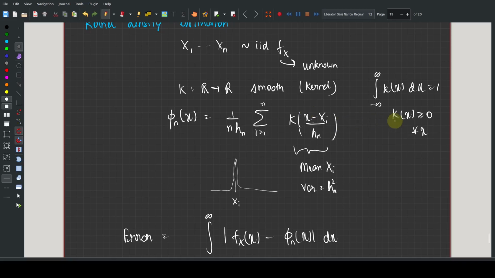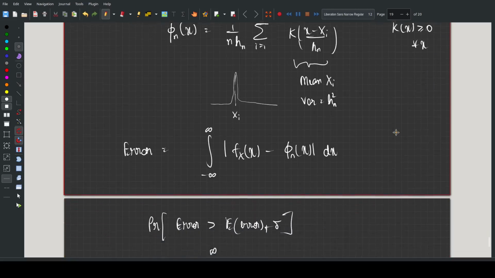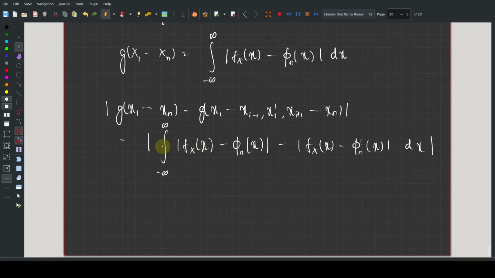Moreover, I have some nice properties for this particular pulse. But then I have this integral of the absolute value of something. So what can I do? If I'm somehow able to get phi n minus phi n prime, I know that it is not too large, but I don't have phi n minus phi n prime directly.